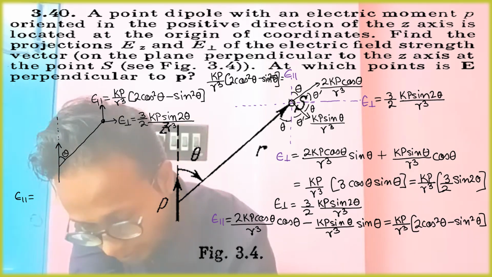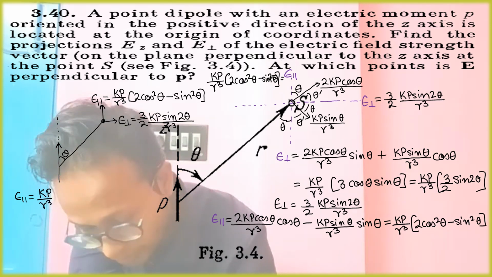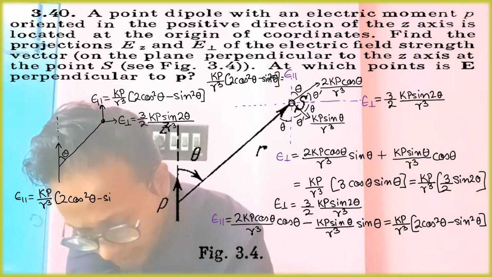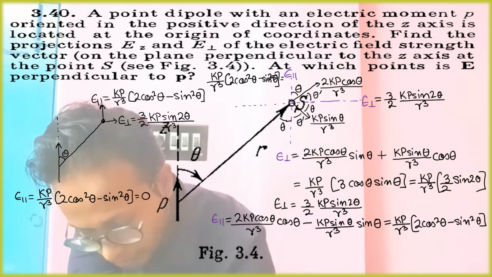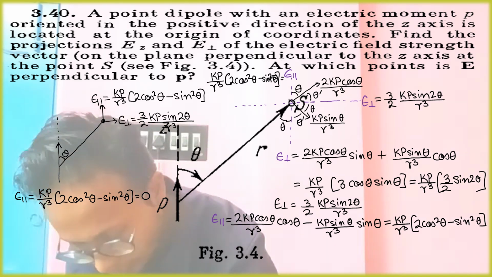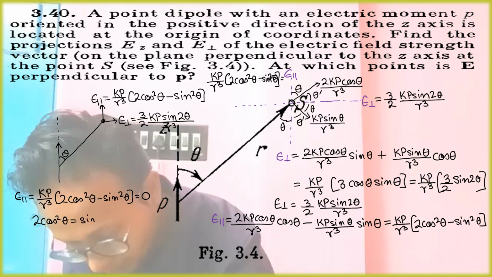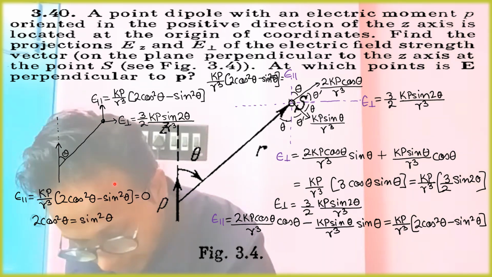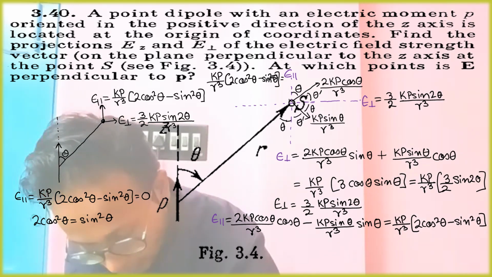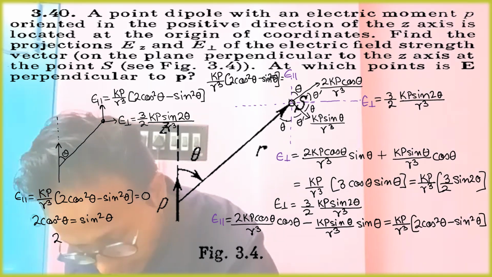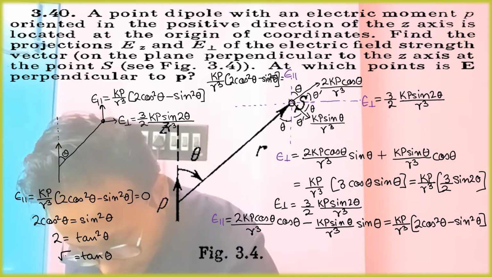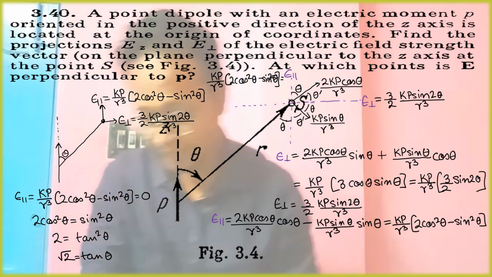So E parallel is equal to kp by r cube times (2 cos square theta minus sin square theta), which should be equal to 0. So if I solve this equation, 2 cos square theta is equal to sin square theta, or sin square theta by cos square theta, or 2 is equal to tan square theta, or tan theta is equal to root 2.